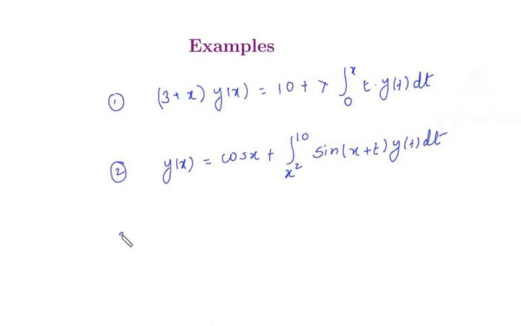And for the third example, sin x is equal to integral x to x square of y(t) dt. So these limits are functions of x, so it is a Volterra integral equation. Then the unknown function just appears under the integral sign, so it is homogeneous. It is first kind, and there is again a function here, so it is non-homogeneous.